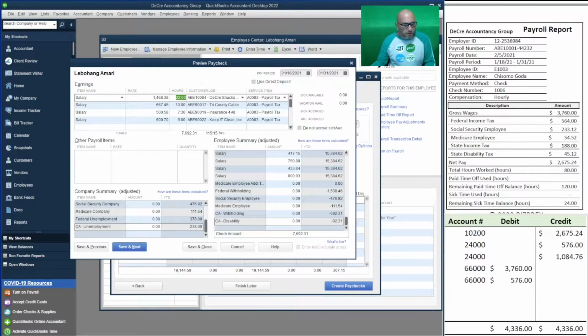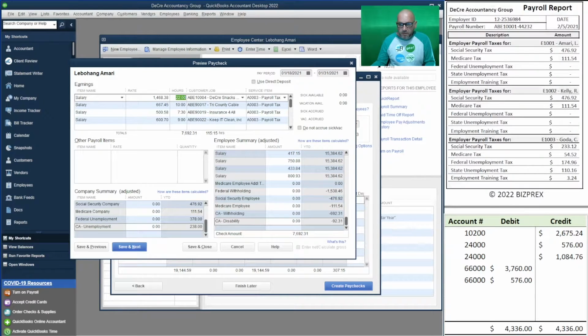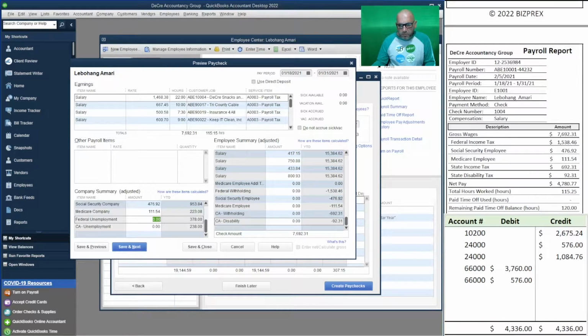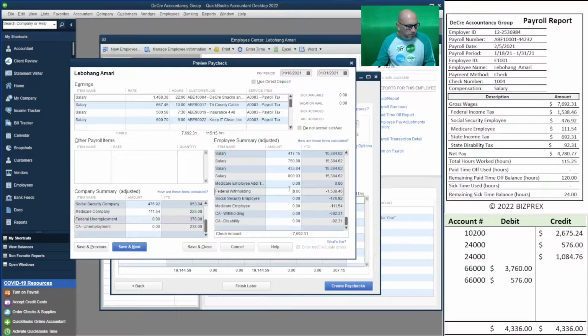Next we have Labohang. Okay. Here, Social Security. There it is, right?